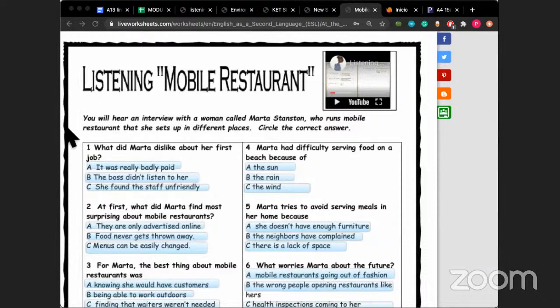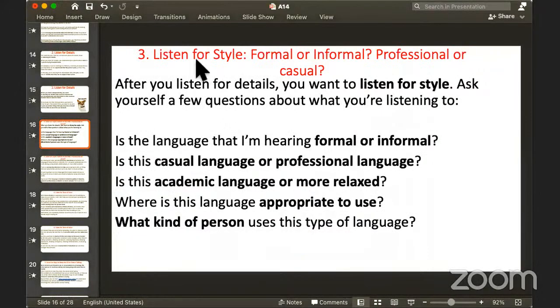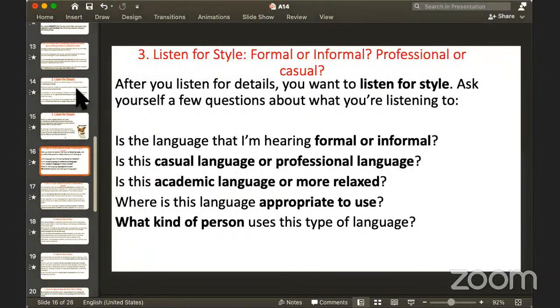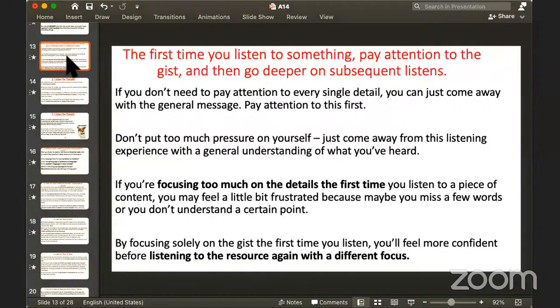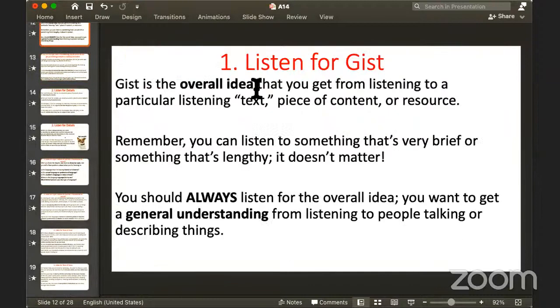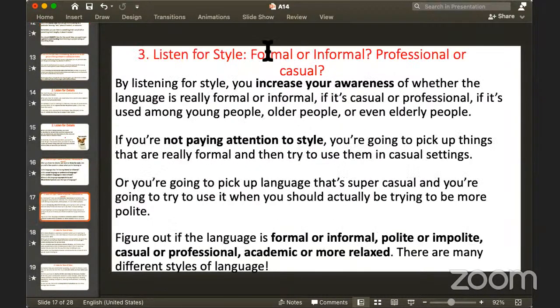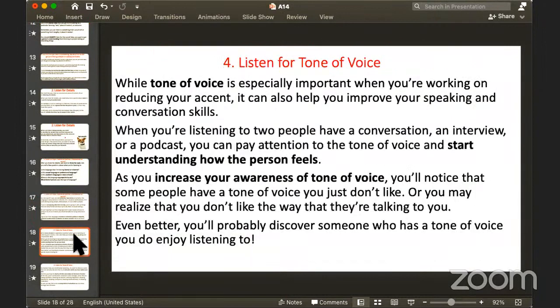I would like to know if it's a formal or informal situation.